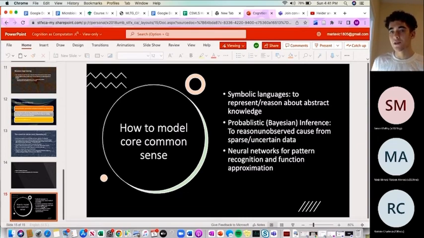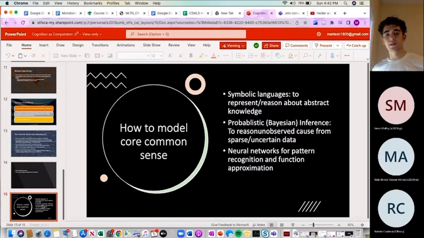he says that we need symbolic languages to be able to represent and reason about abstract knowledge. And we need to use probabilistic Bayesian inference to reason about unobserved causes from sparse, uncertain data, which is really what we just did, right? We just reasoned about all kinds of causes, all kinds of relationships in relation to the outcomes of the events that we actually saw.